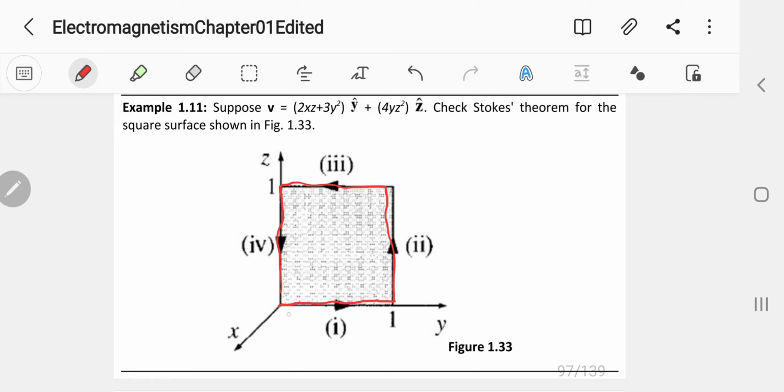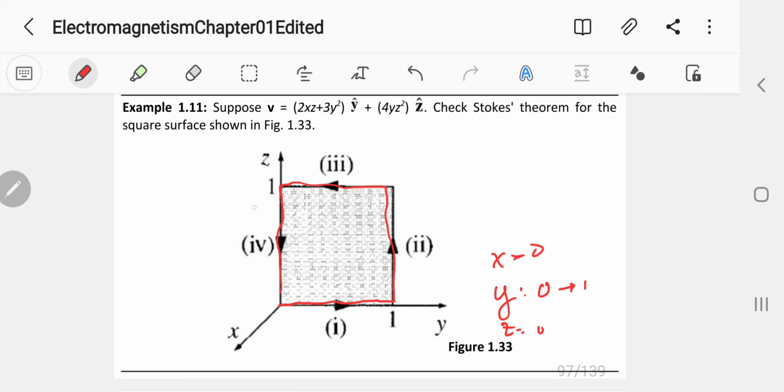For segment 1, y is from 0 to 1, x is equal to 0, and z is also equal to 0. For segment 2, z is from 0 to 1, y is equal to 1, and x is equal to 0.